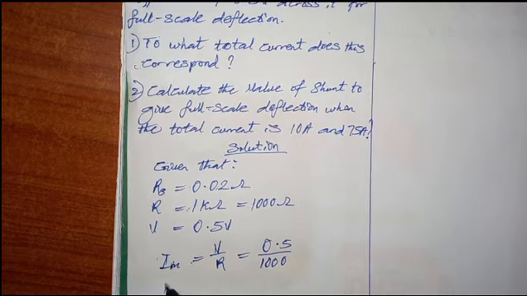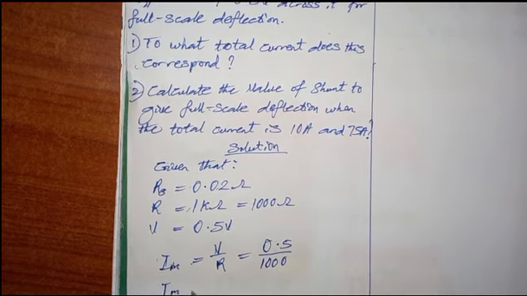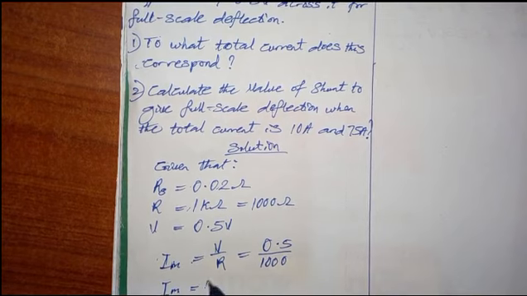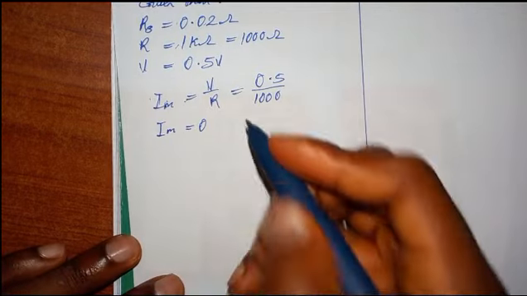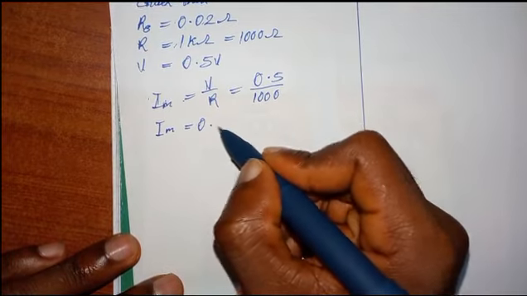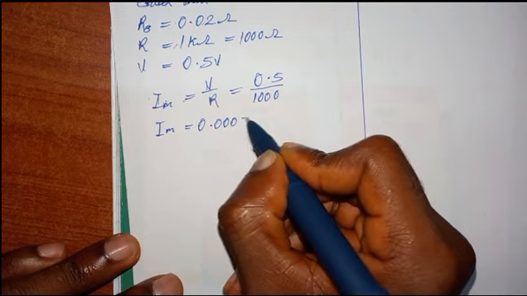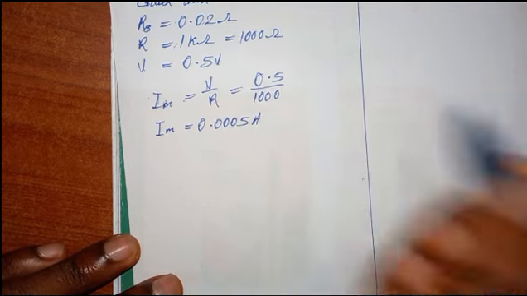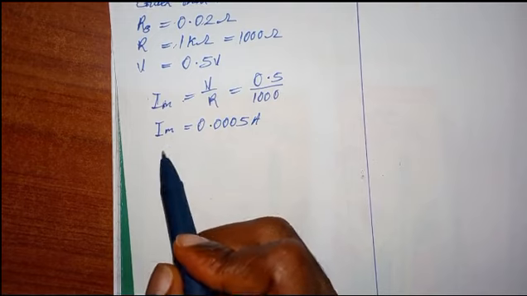Doing the calculation, Im is equals to 0.5 divided by 1000. That will give us 0.0005 amp. Remember, this is a unit for current. We are solving for Im.